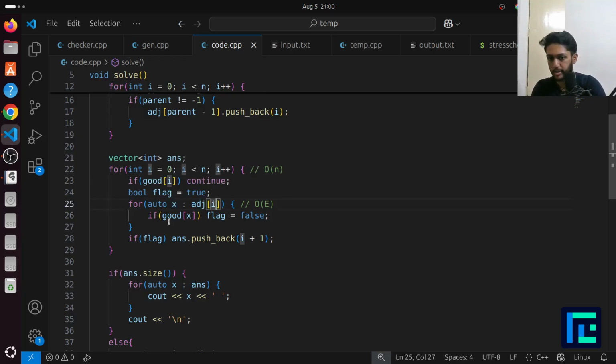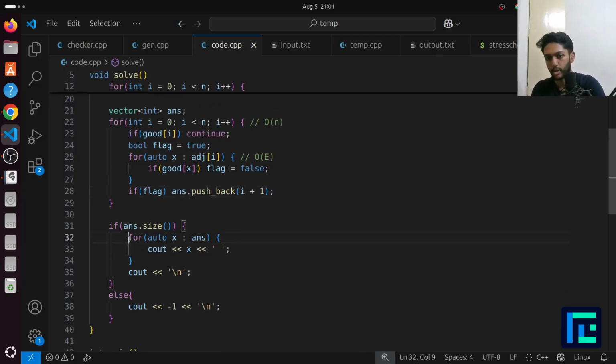If good of x, that means if the child is 0, then flag equals false. If any child is 0, then I will make this flag equal to false, right? And if flag, that means all children are 1, so I will mark it as deletable, ans.push_back i plus 1. I plus 1 because of 1 indexing. Okay, so this ans vector will contain all the vertices which are deletable, right?